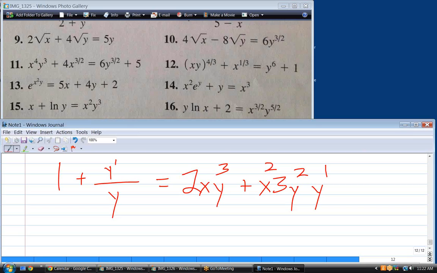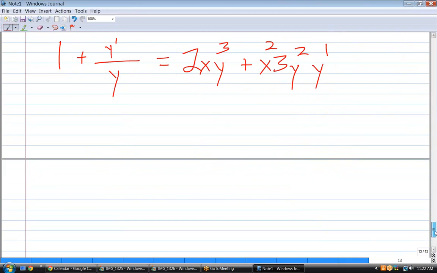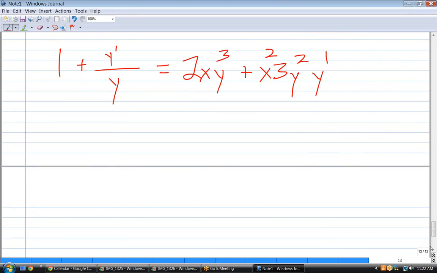And what now? Now we want to get y prime by itself. So what's the next step? In other words, a lot of the times these become hard algebra problems. The calculus becomes easy, but the algebra becomes a little tricky. Let's start with moving stuff, in other words, gathering like terms.